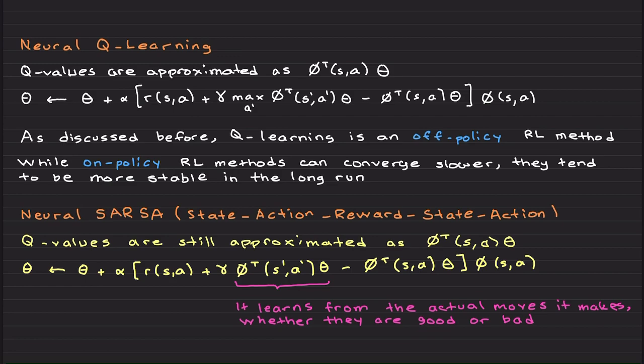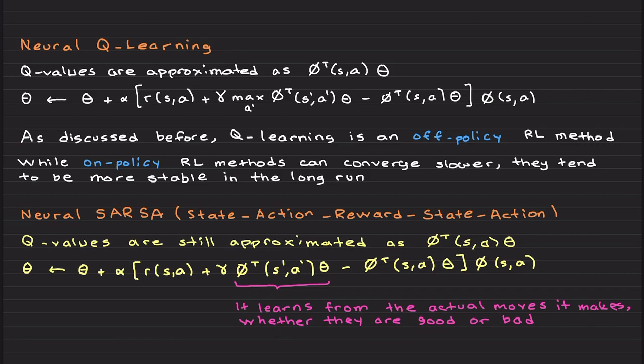We discussed all these in detail, but I didn't present the neural learning algorithm step by step. If you are coding it yourself, there is a specific structure, like you saw in the Q-learning and Q-iteration videos. First of all, as discussed, this is an off-policy reinforcement learning method.